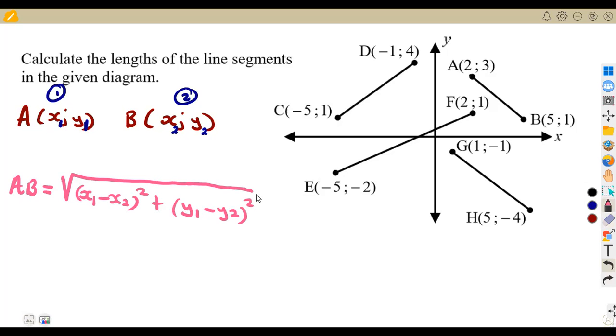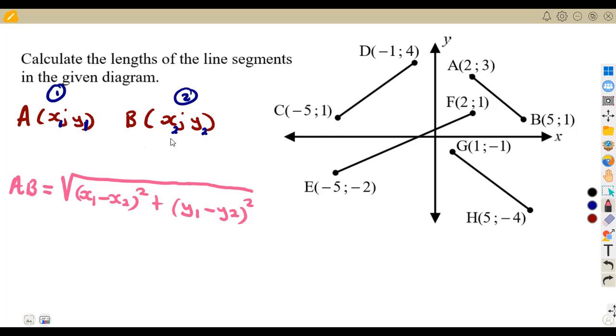So what is this formula actually giving us? We are simply subtracting the x values of your first point and the second point, x1 minus x2 squared, y1 minus y2 squared. That is what we're simply having.